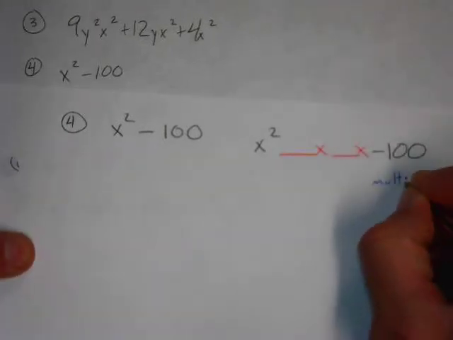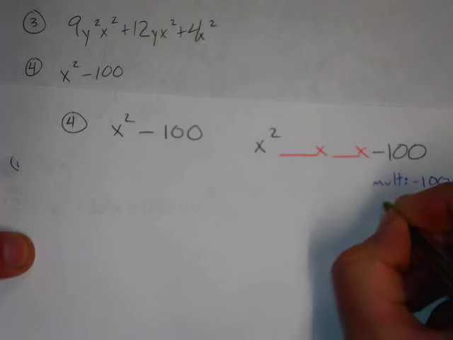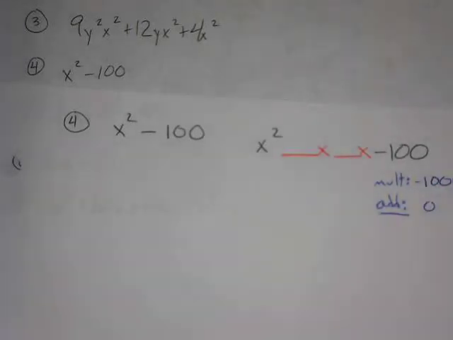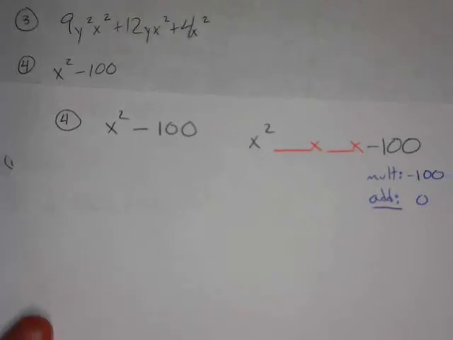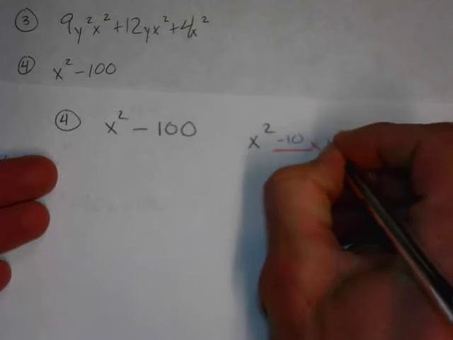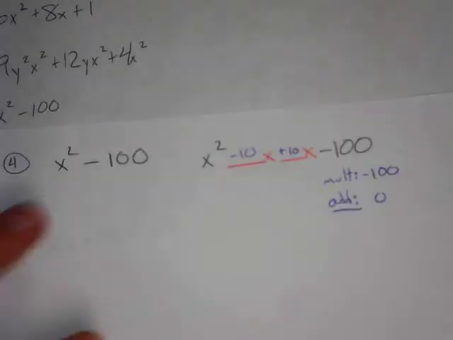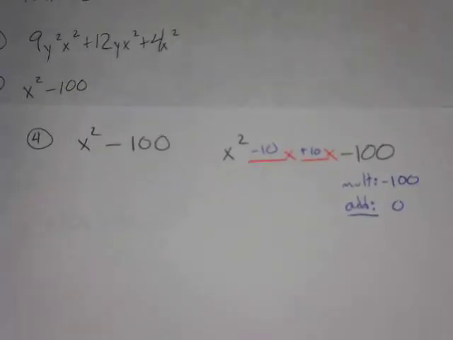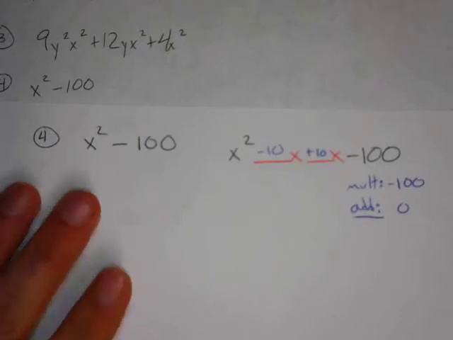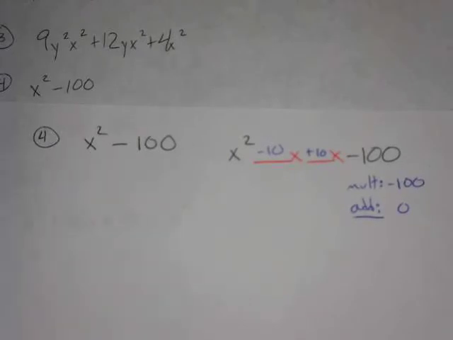And so that's going to be the trick if you don't see the fact that this is a special. Okay, so what multiplies to negative 100 but adds to 0 is going to be the question. And hopefully by now you see negative 10 and positive 10. And then you would see what hopefully you should be able to see immediately, that this special is a difference of squares.